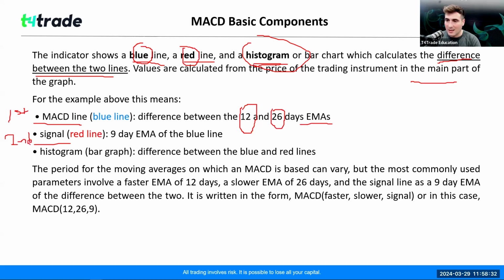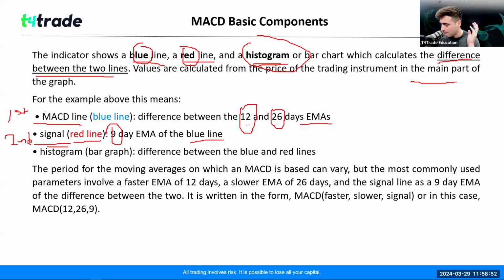The first one is the MACD, and the next one is the signal line, which is the red line, again, change the color accordingly, which is the 9-day exponential moving average of the blue line.